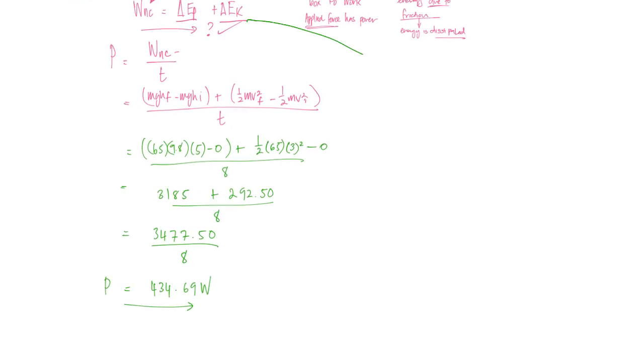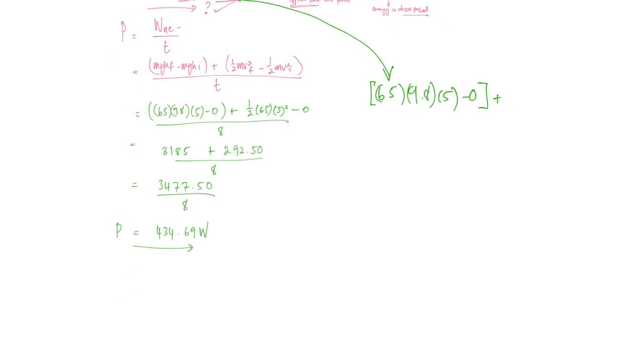Alternatively, I could have done this separately and I would have had the same thing. 65 times 9.8 times 5 minus 0, plus a half times 65 times 3 squared minus 0.